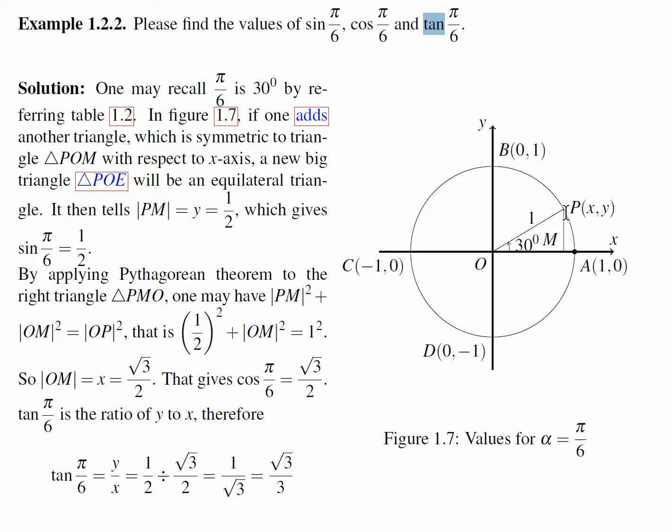It was opposite side over hypotenuse for sine, again because here the radius is 1. That's why we only need to find out the coordinates of x and y. That will be our sine value and cosine value, and then finding the ratio will give us the tangent value.